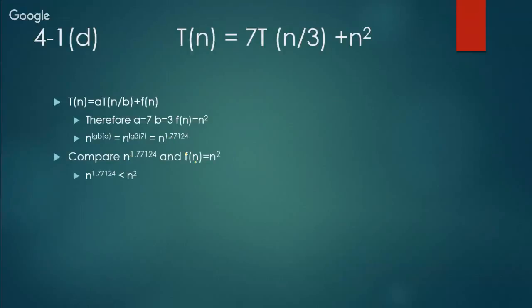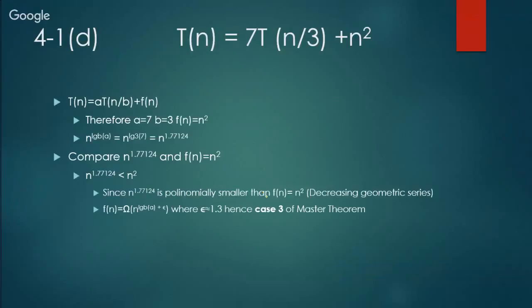We compare that result with f(n). You find again it is polynomially smaller than f(n), which is a decreasing geometric series. Case 3, and our epsilon here will be approximately 1.3. It is case 3 of the master theorem.